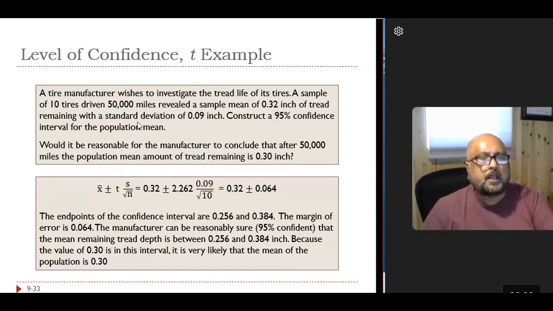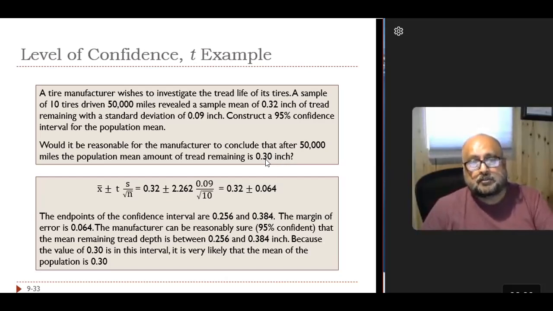In this case, we have a sample of 10 tires driven 50,000 miles, revealing a sample mean of 0.3 inch of tread remaining, with a standard deviation of 0.09 inch. We have to use a 95% confidence interval. Is it reasonable for the manufacturer to conclude that after 50,000 miles, the population mean amount of tread remaining is 0.30 inch? So we need to look at whether 0.30 falls in the confidence interval we find.